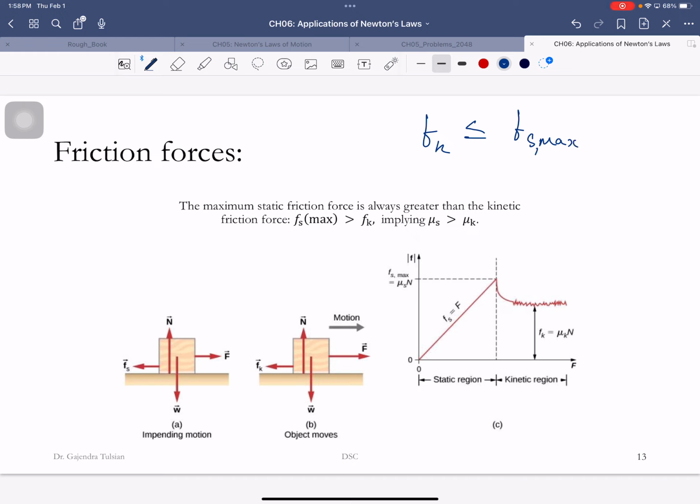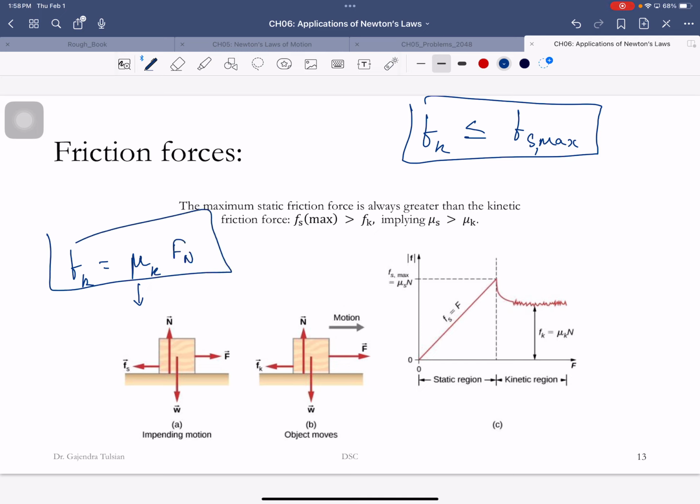Okay, so there is the maximum static friction force, and once you start moving, there is the kinetic friction force. The kinetic friction force is given by mu k, called the coefficient of kinetic friction, times the normal force.